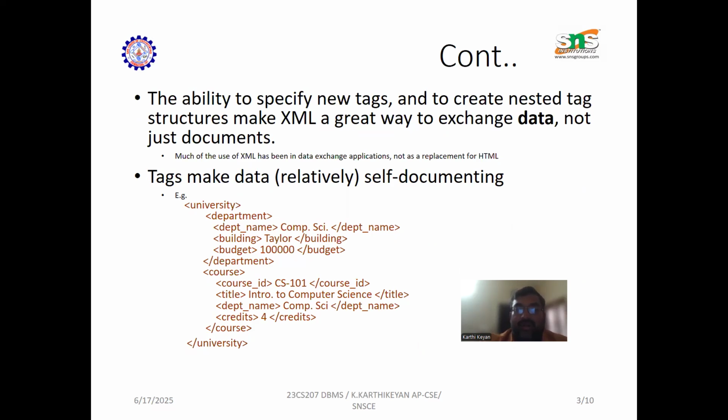For example, compare this with HTML, which is totally different from XML. Here we have university, department, department name computer science, building Taylor, budget 1 lakh, and then closing of the department. These are our own tags. But in HTML, the hypertext markup language, it is totally different.